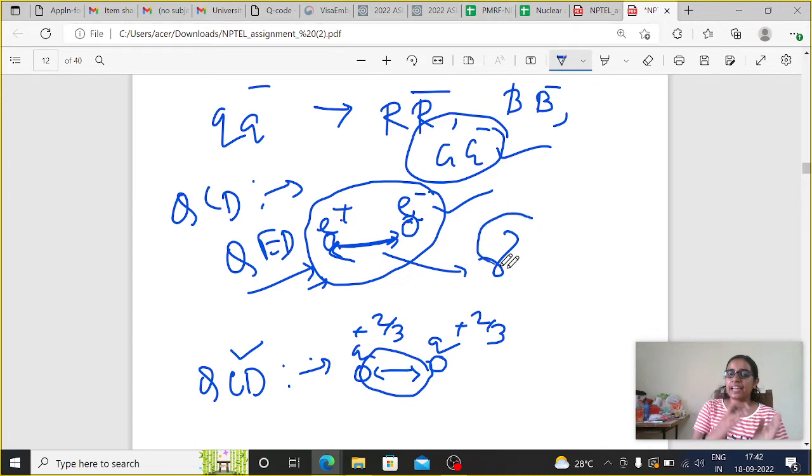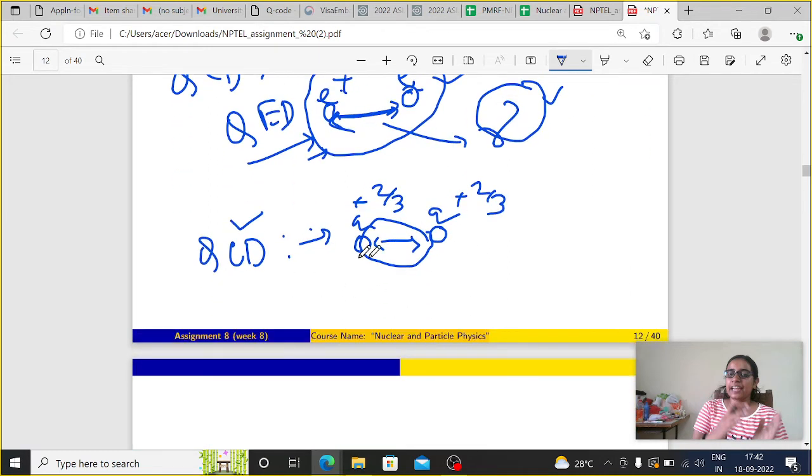In case of QED, the photon was chargeless, but unlike QED, in QCD the mediator will be charged in the sense that it is colored. What is the mediator for QCD? I think you all may know, it is known as gluon. So gluon is a colored particle, it should have some color.